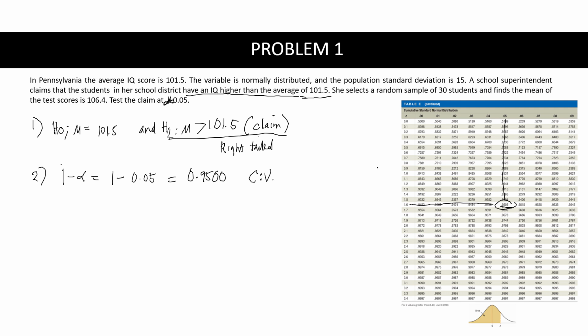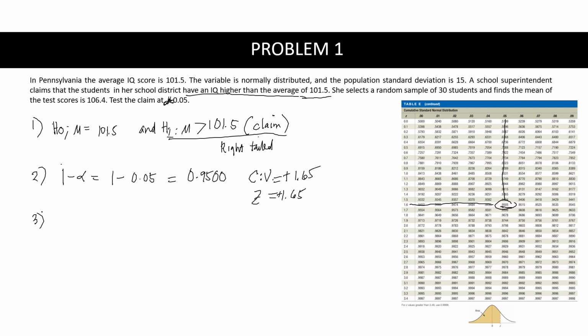Our CV here is 1.65, positive 1.65 because this is a right-tailed test. So therefore, our z value here is positive 1.65.